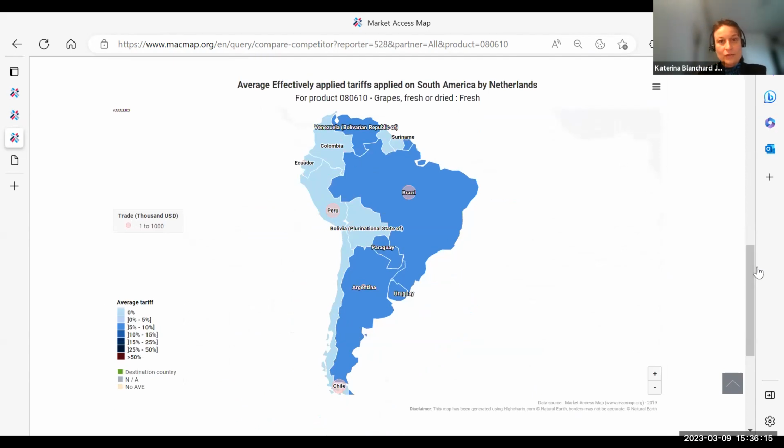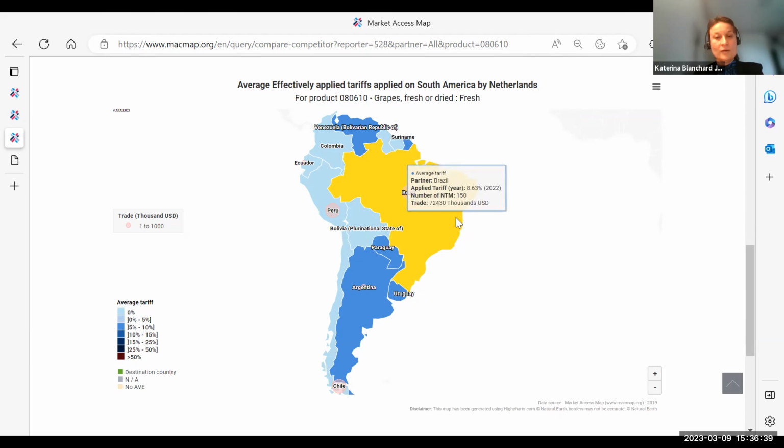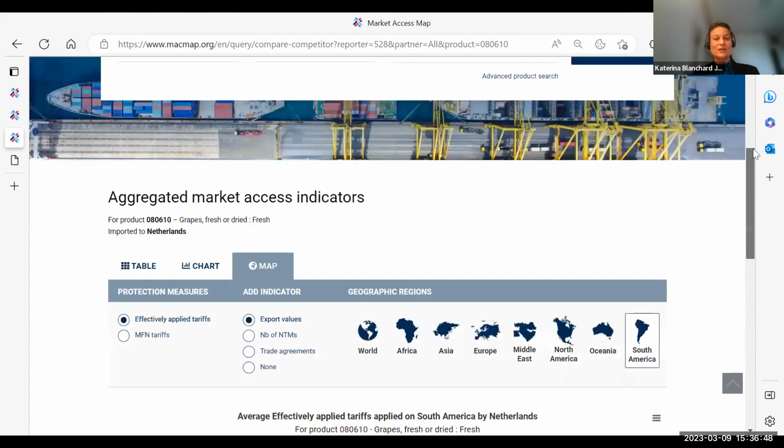So we see that for the access onto the Dutch market, the countries here in light blue could benefit from an average tariff of 0%, knowing that there is a preferential agreement, and countries such as Brazil would have a higher average applied tariff, 8.63% in this case. So again, this is a very nice visualization.